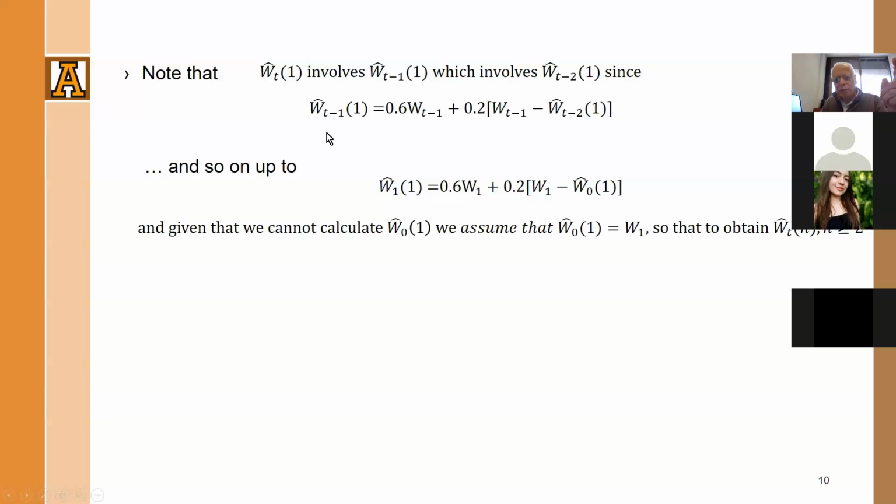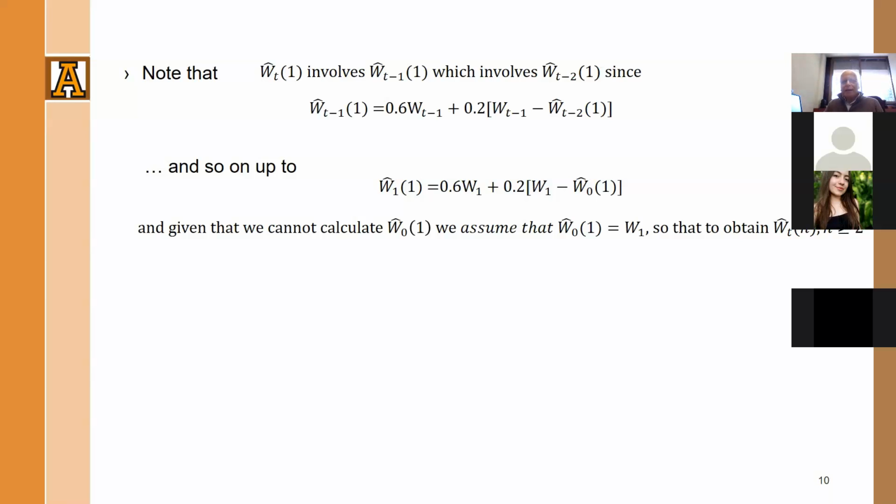And we continue this way, substituting what each of these Ŵ_{t-2} one period ahead is, replacing it by what we saw last slide, then doing that for W_{t-3}, W_{t-4}, and so on, up to W_1, up to the forecast that you make at the first period, one period ahead.